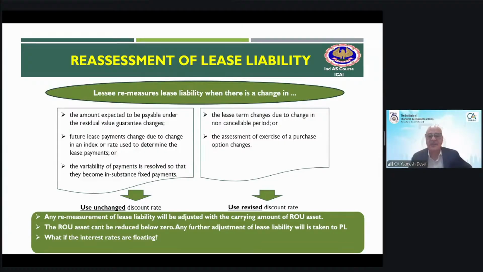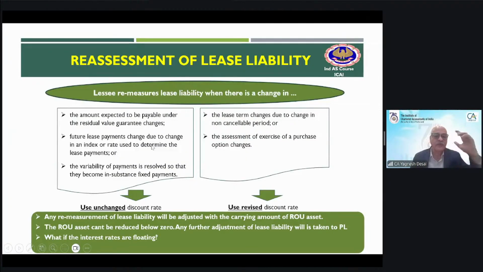You're not supposed to change the discount rate when you remeasure the lease liability under these three circumstances. Use the same, unchanged discounting rate. These are: the amount expected to be payable under a residual value guarantee; future lease payments changing due to a change in index or rate used to determine the lease payment; and variability being resolved so that payments become in substance fixed.